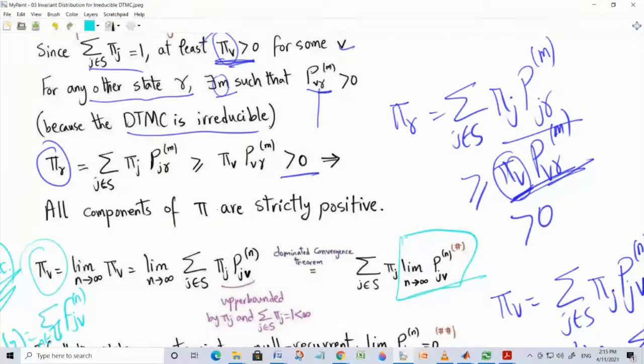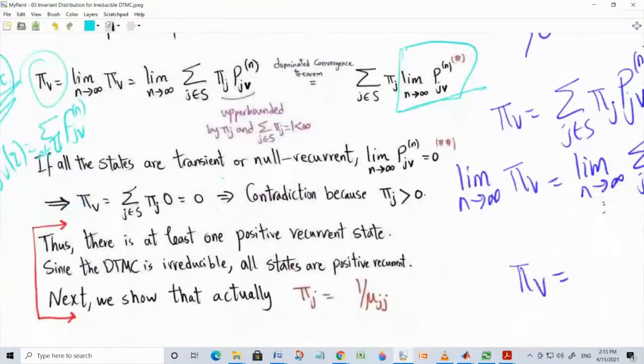So if we start with the assumption that there exists a stationary distribution, our conclusion is that there must be at least one positive recurrent state so that we can avoid this contradiction. But the discrete time Markov chain is irreducible. Every pair of states communicate, and we know that communicating states belong to the same class.